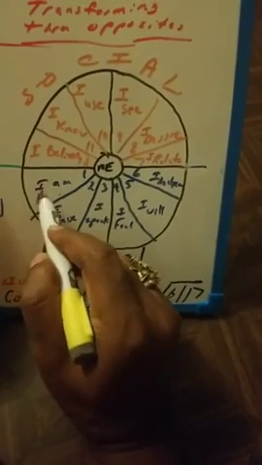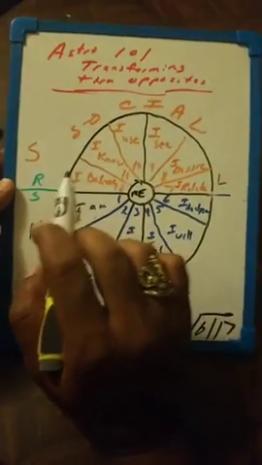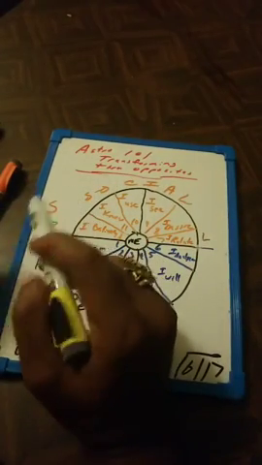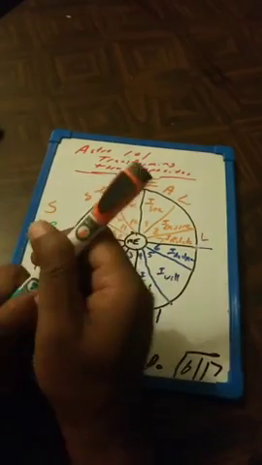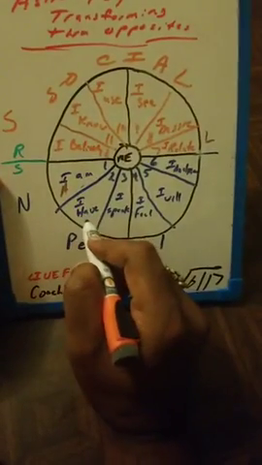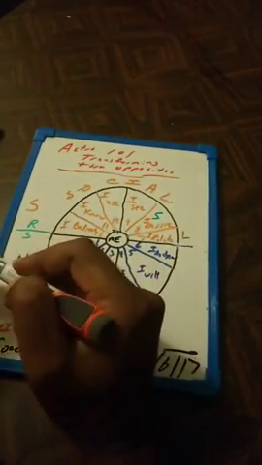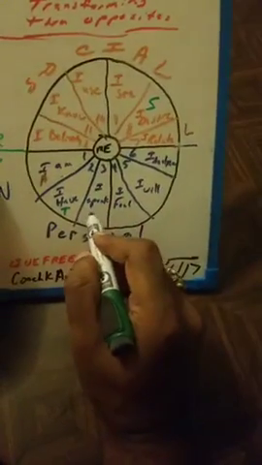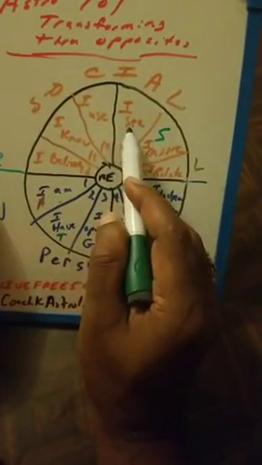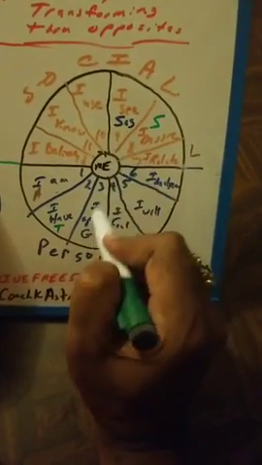So there's Aries and Libra. They're on the same axis. Okay? Aries and Libra are on the same axis. Do I have 6 colors? I do have 6 colors. Glad I got that green right there. Taurus and Scorpio are on the same axis. Okay? Gemini and Sagittarius are on the same axis.